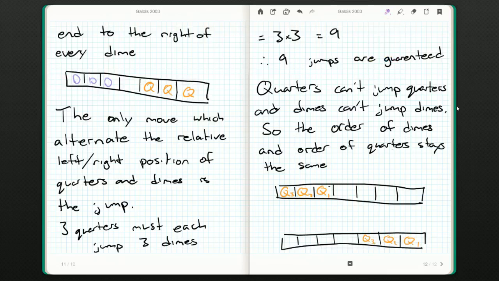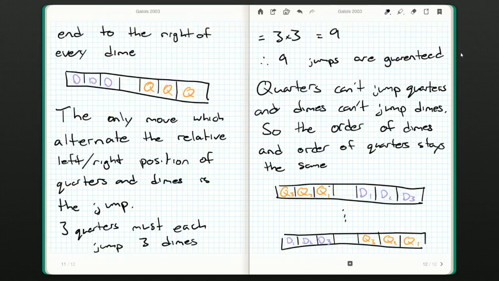Same with the dimes. I'll number them dime 1, dime 2, dime 3. So dime 1 will be the first dime who gets into his proper spot. Quarter 1 will be the first one who gets into their proper spot, and they have to be this far over. If the dime 1 ended up here, then that would mean that at some point dime 2 jumps over dime 1. So this is the start, this is the end, and then something happens in the middle. But at the end, we're still going to have this same order.